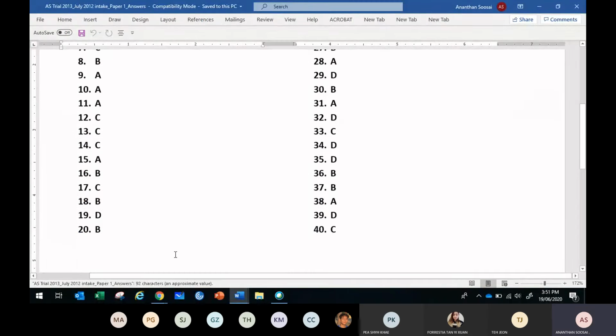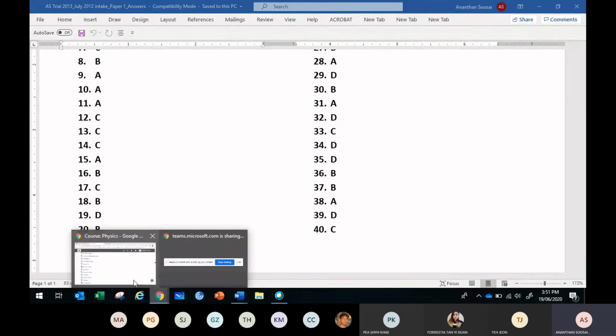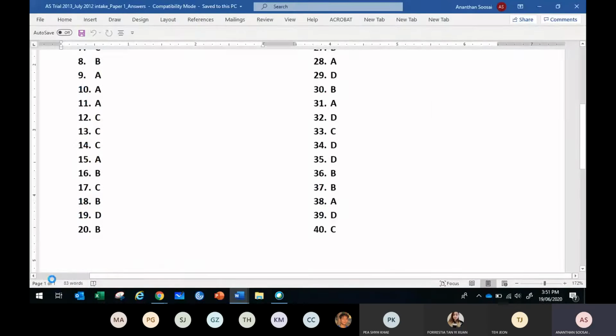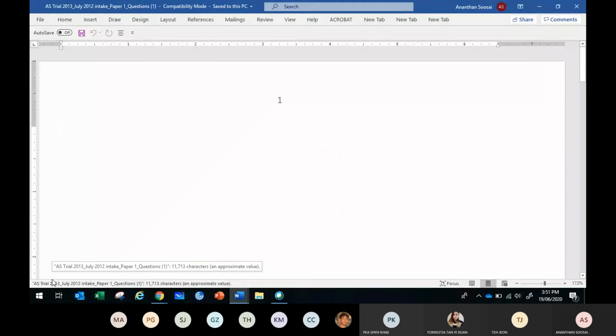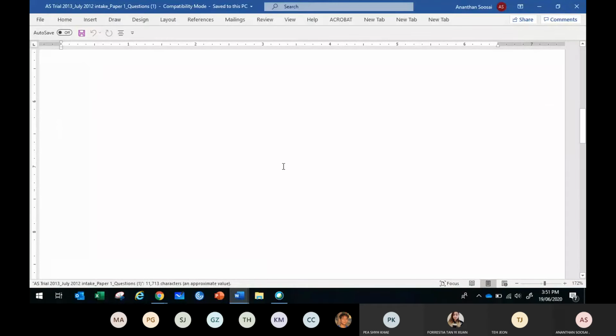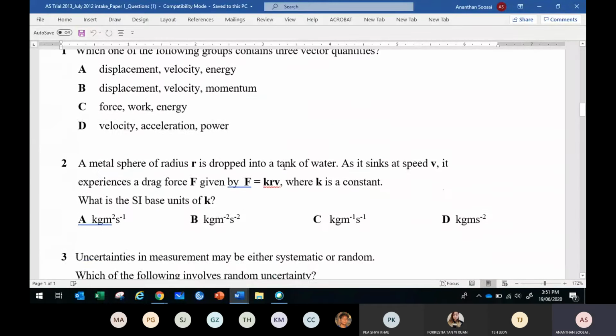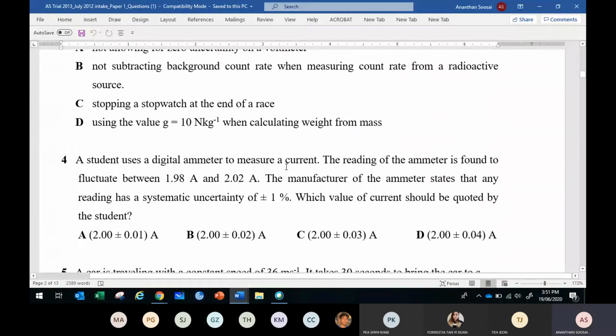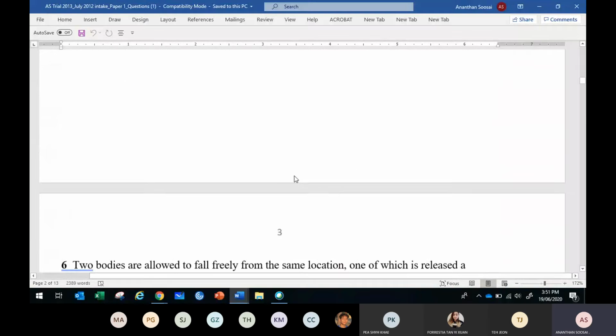Oh, this is giving answers. Is it the answer? Paper 1 July. Oh, I think I wrongly labeled it. Okay, class. So this is July 12th. Let me select a random question.